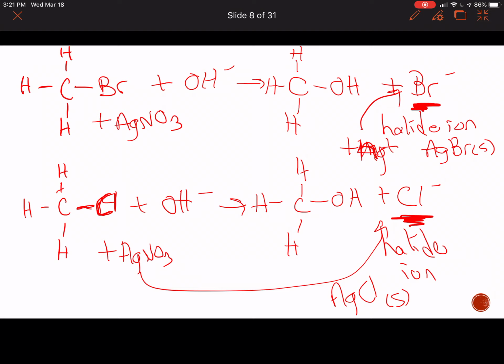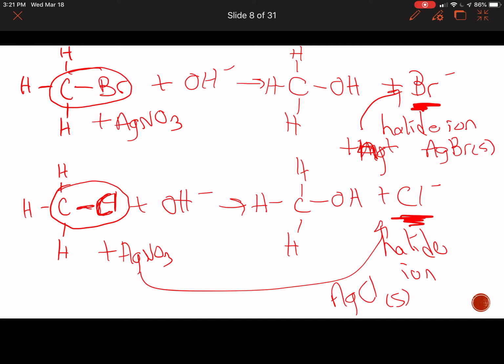The question is, which of these two bonds do you think is easier to break? Take a moment to think about that. The C-Cl bond should be stronger than the C-Br bond due to the fact that bromine is a larger atom.